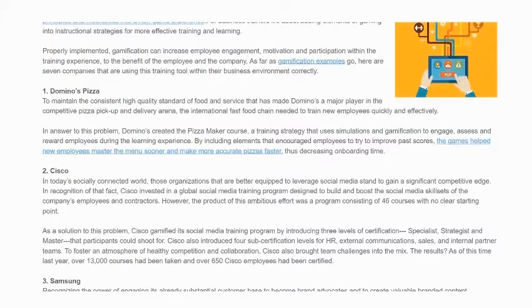Domino's made a very wise decision by gamifying the process of making pizza. They adopted gamification to engage the employees and to reward them through the learning experiences.